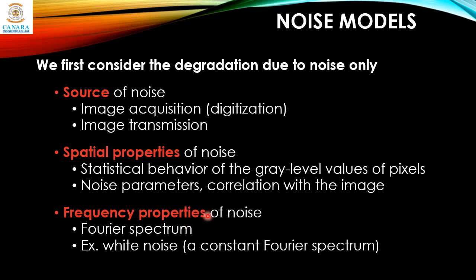In some specific cases, there could be some correlation, but most of the times there will be less correlation with the pixel values, and noise parameters are basically independent of these pixel values.